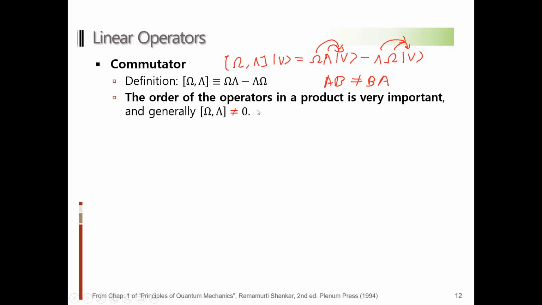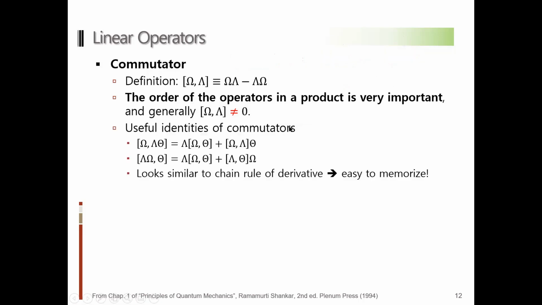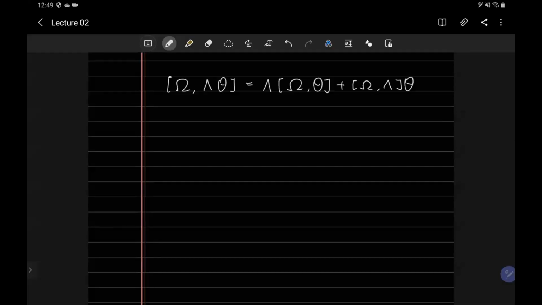Based on these definitions, there are some interesting properties, or identities, of the commutator, and they can be easily proven. So let's see. To prove this relation, what we should do is just follow the regular definition of everything.